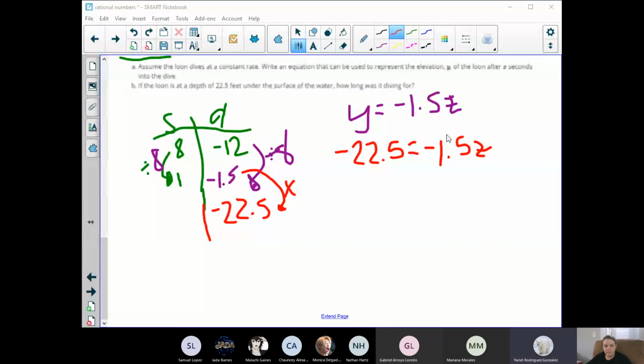Well, we have negative 1.5 though. So what times negative 1.5 will give us negative 22.5? How would you figure that out?